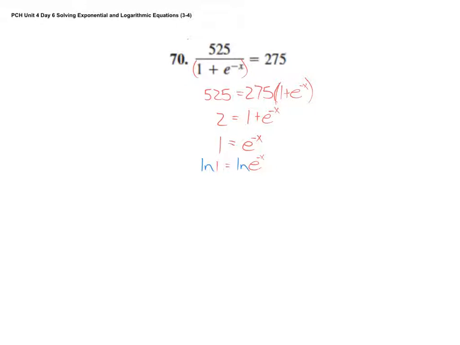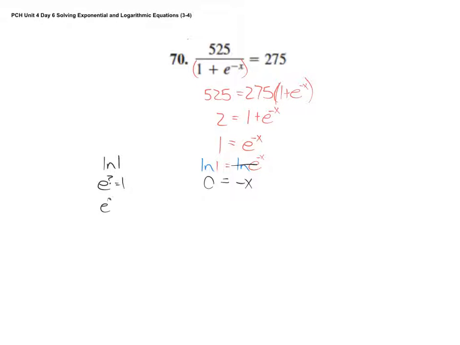That will in turn undo the exponential, leaving us just with negative x equals the natural log of 1, which, if you think about it, e to what power equals 1? That's 0. We're thinking about ln of 1, so e to what power equals 1?